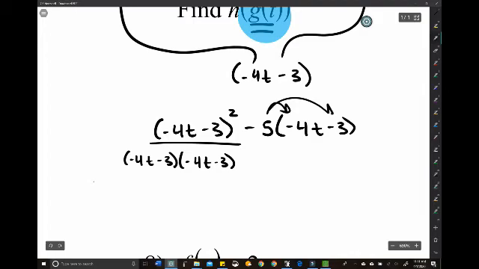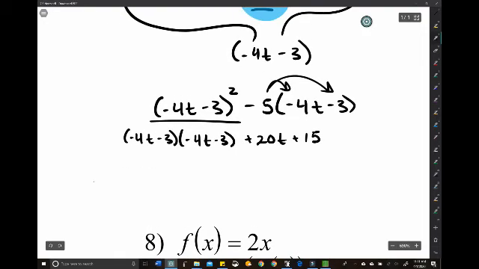The second part, you can probably go ahead and tackle that a while. 20t plus 15. Okay, this is 16t squared, first, outers, minus, actually plus 12t plus 12t plus 9.